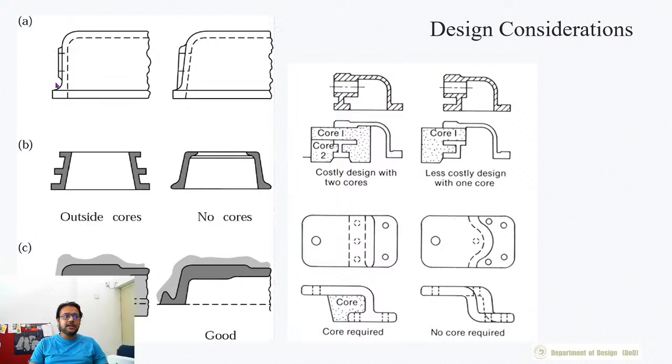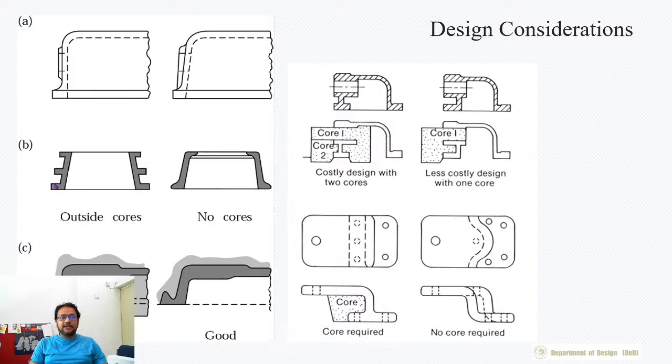This small space that is created: if the parting line is over here, you will not be able to remove this part because of an undercut. So you will remove this space when you want to design for casting.